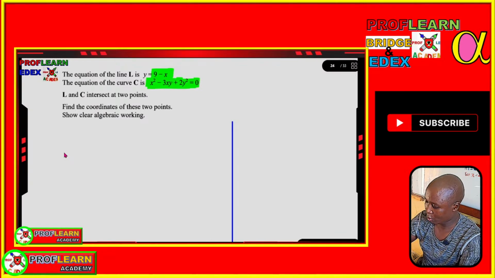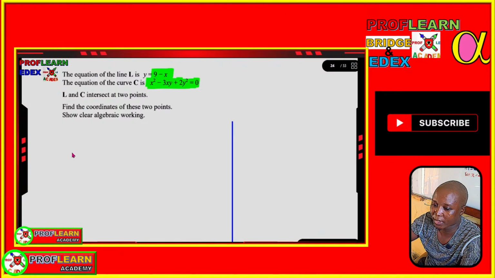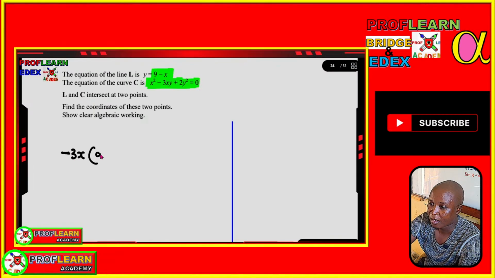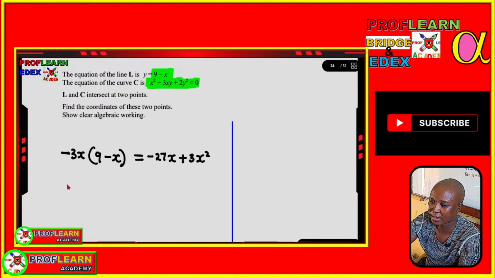Method of substitution here, we are going to say that anywhere we have y, we shall be substituting 9 minus x, because we are told y is equal to 9 minus x. So we shall have to substitute that, working out minus 3xy. What is it going to be equivalent to? I get the answer, so that I'll just put it aside so that we avoid any confusion.